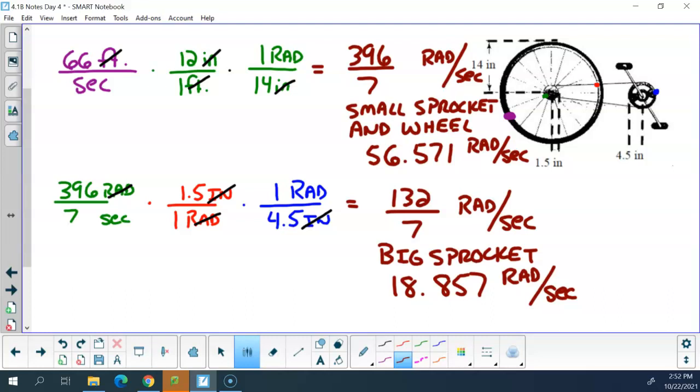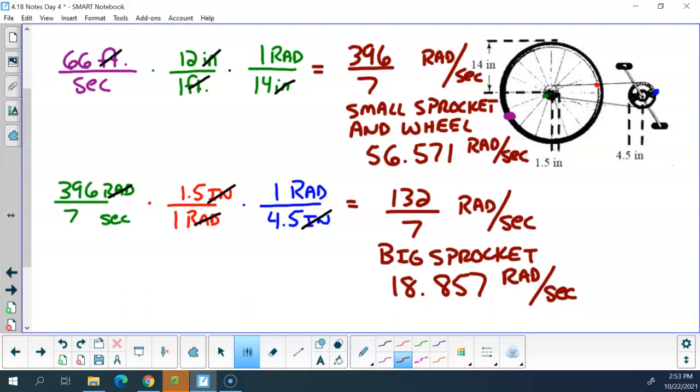Where you get 132? Because 1.5 divided by 4.5 is 1/3, right? 15 over 45 is 1/3. 3 goes into 15 and 45. 396 divided by 3 is 132. You're dividing by 3.